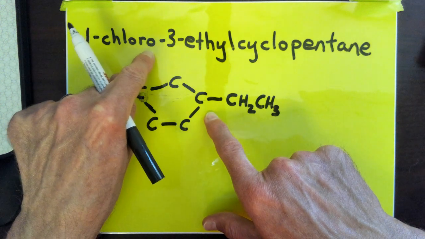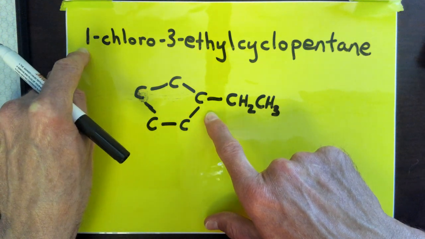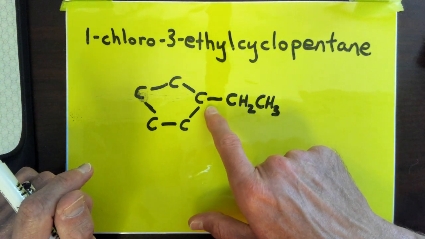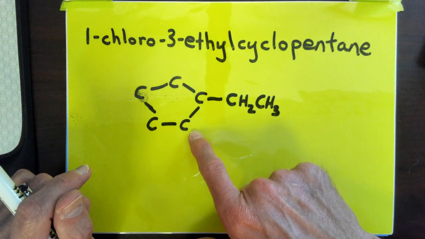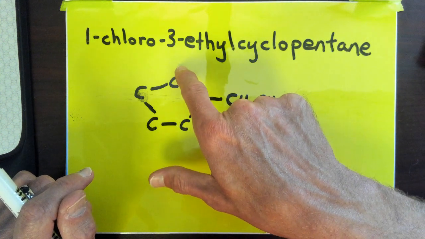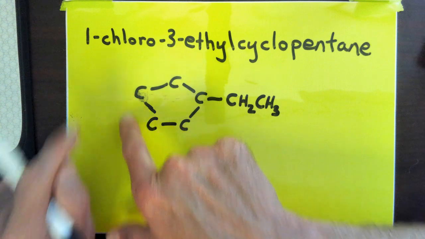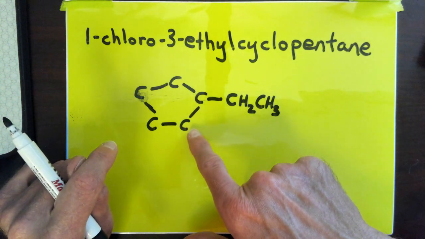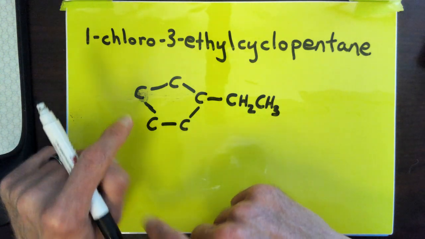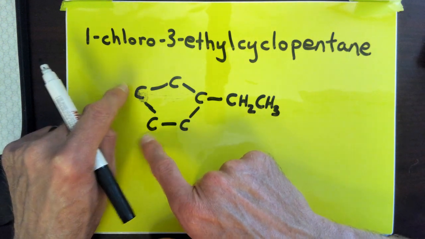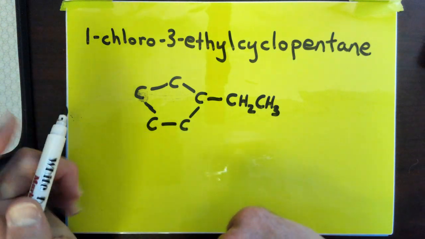Now that carbon is going to be the number 3. We want to put a chloro on the number 1 carbon. So we can count backwards. If that's 3, then this could be 2, this could be 1. If you would rather go 2, 1 and make this carbon number 1, that would be perfectly fine. You can choose either to be the number 1 carbon.